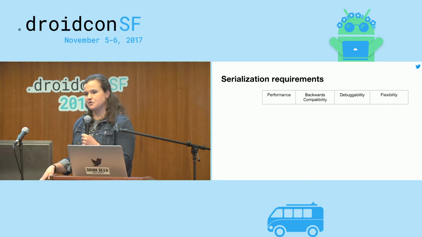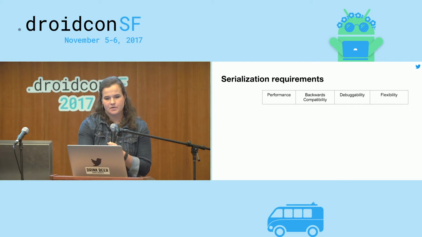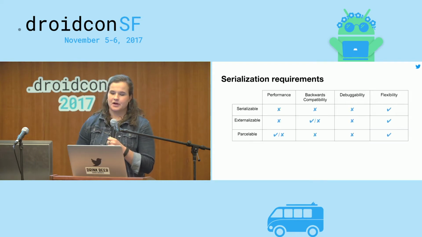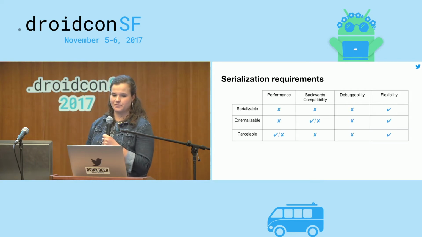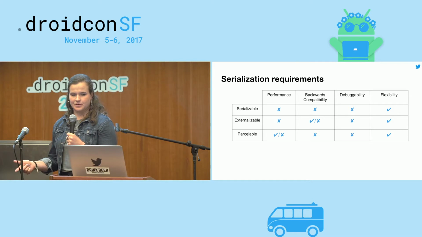We had done a lot of work to modularize things, move them into models, and so we wanted something we could use within our app. So for context, most of you are probably familiar with the existing Android libraries. So there's Serializable, Externalizable, Parcelable.